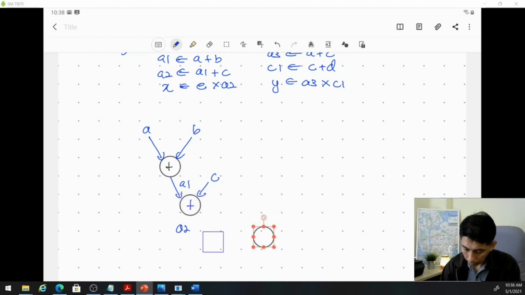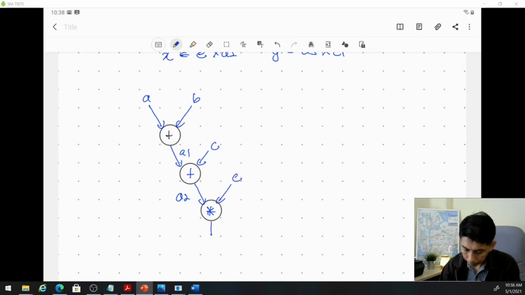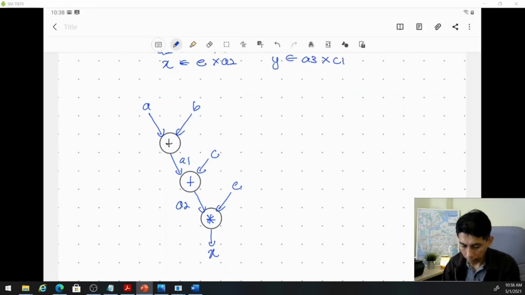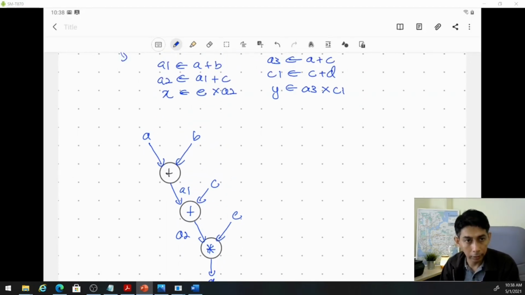The last operation is this multiplication, a2 multiplied by e, and you will have your x here. So this is the DFG for x.